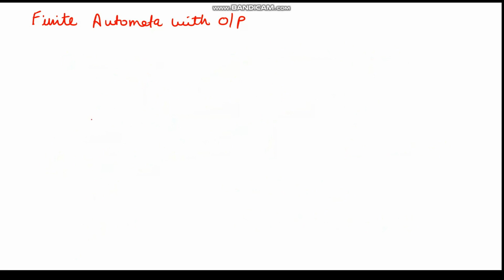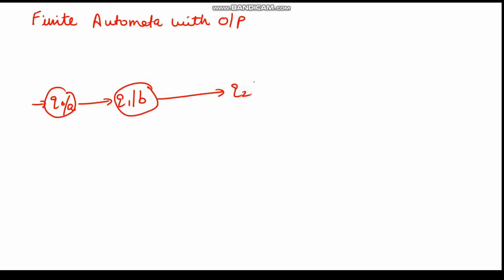Now let's discuss with the help of a diagram the Moore machine and the Mealy machine. Let's consider there is a state Q0. It has certain output associated with it. We have Q1, then Q2, and certain inputs 0 and 1.